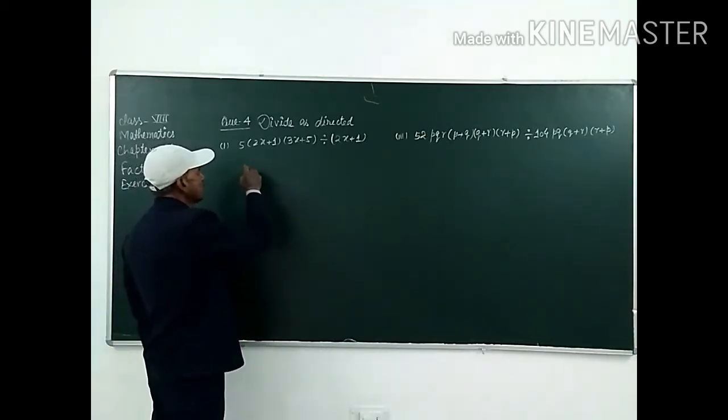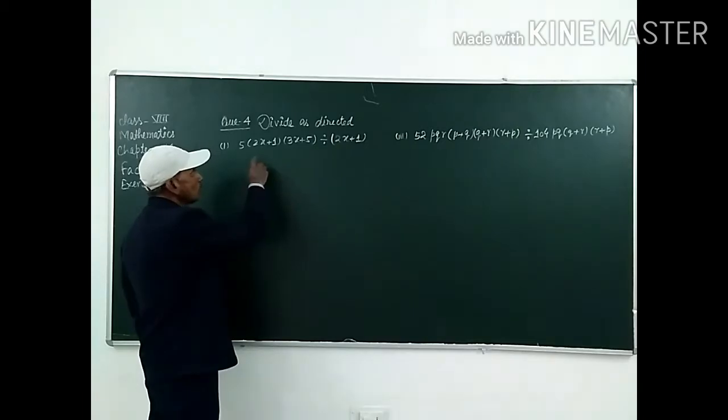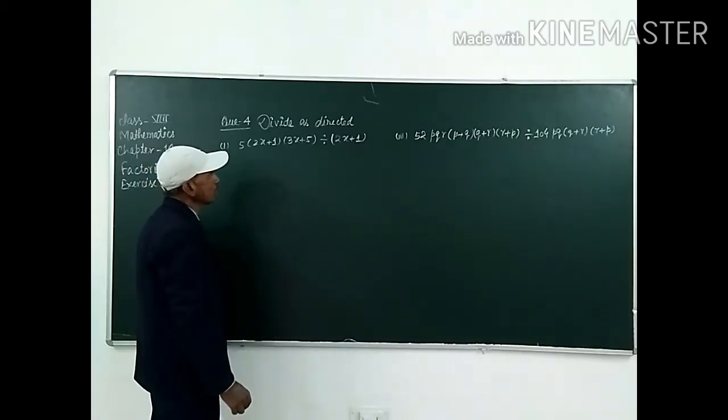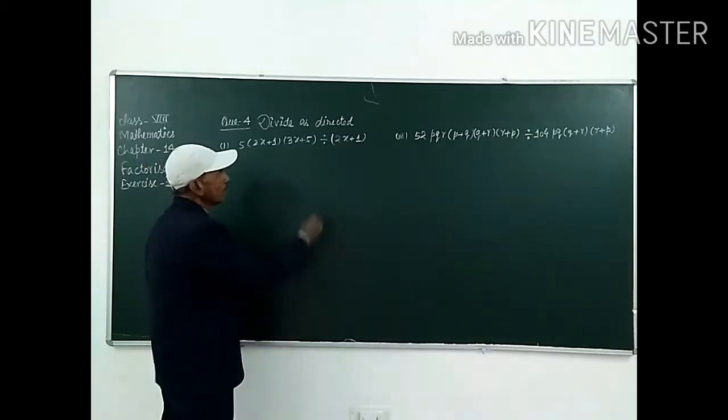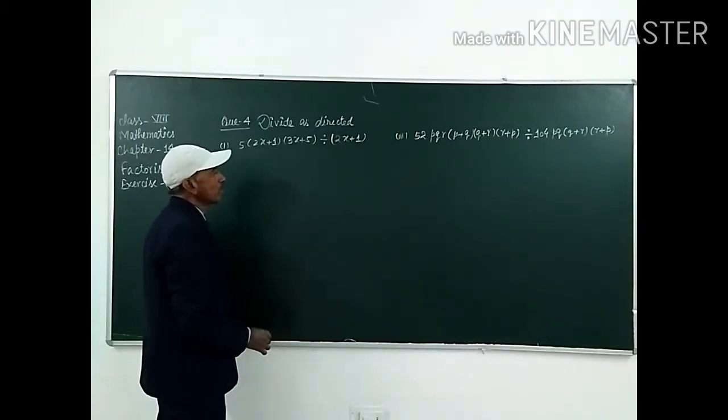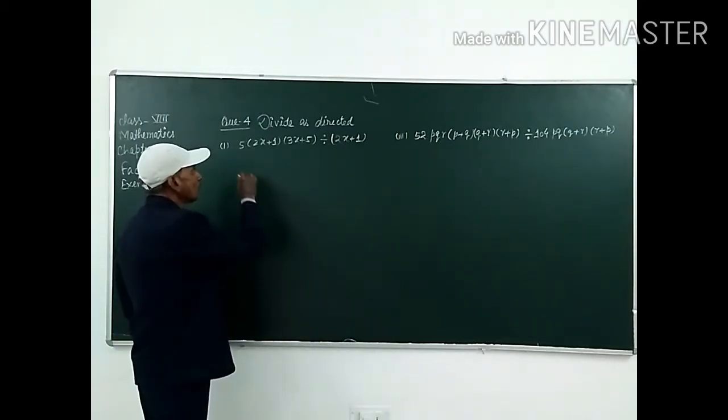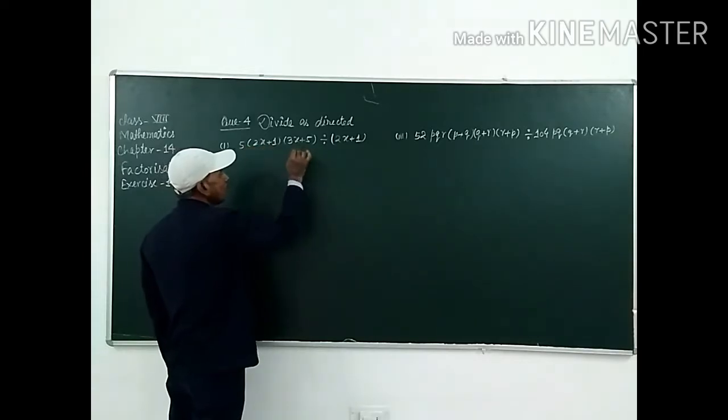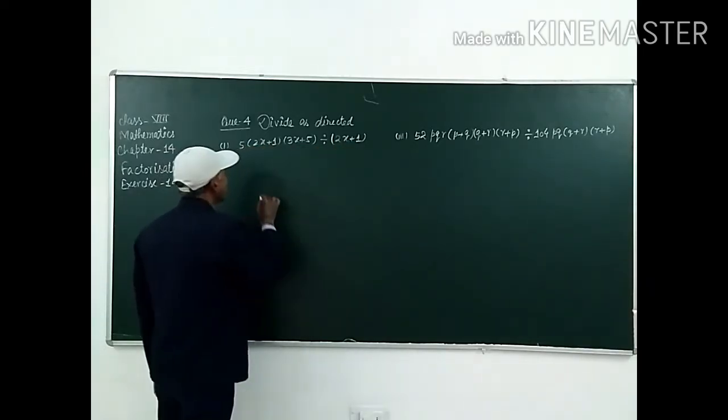The first part of this question is 5 into 2x plus 1 into 3x plus 5 divided by 2x plus 1. So we have to divide this first part by this second part.